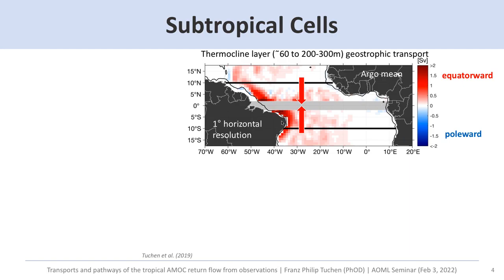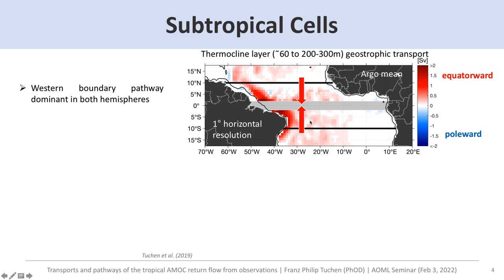There are two things that are striking in this plot. First, we definitely have a concentration of transport at the western boundary. In both hemispheres, it looks like these transport pathways are the dominant ones. And then there's also a big difference between the interior pathways in the northern hemisphere and the interior pathways in the southern hemisphere.